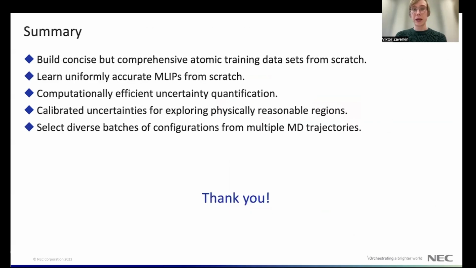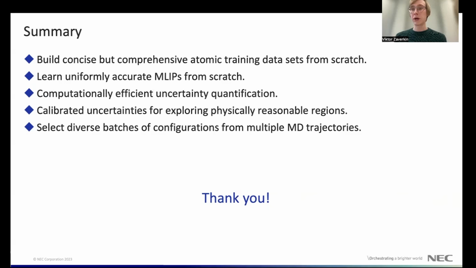With that, I would like to summarize my presentation, and what we have observed is that our uncertainty-driven active learning, which uses uncertainty biasing during the exploration phase, helps to construct training data sets which are as small as possible, but cover as large as possible relevant phase space, improving the computational efficiency of data generation, and all of this without any prior knowledge of the transition temperatures and transition pressures.